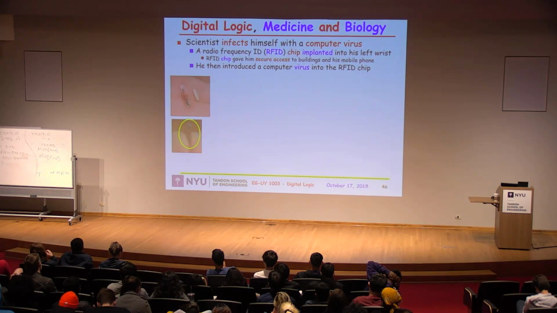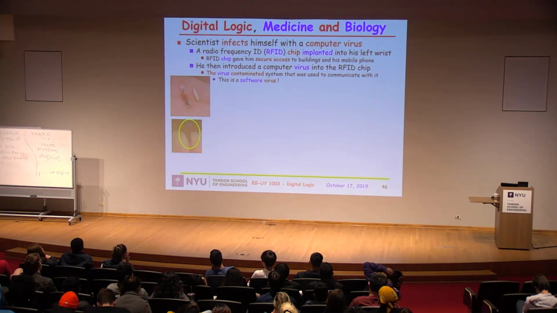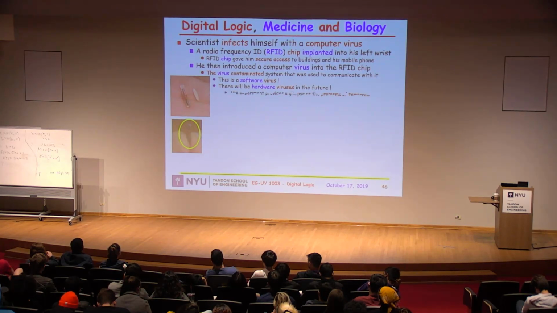So the RFID chip was opening the door, and he was also using his mobile phone. But then he deliberately hacked this RFID chip, introduced a software virus, so the chip was not working. So we will have a lot of chips in our bodies, and they will be hacked. They will be hacked.